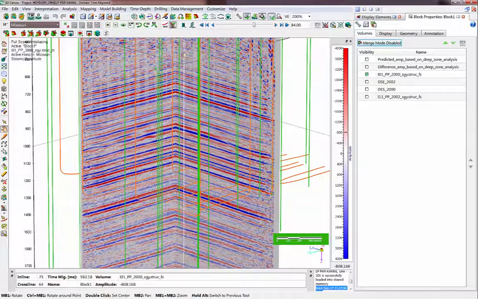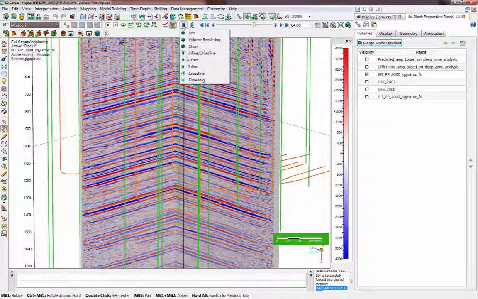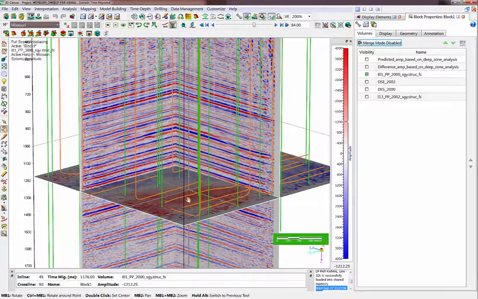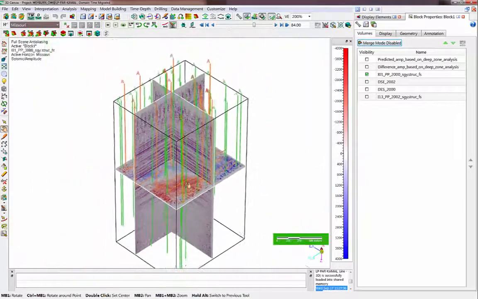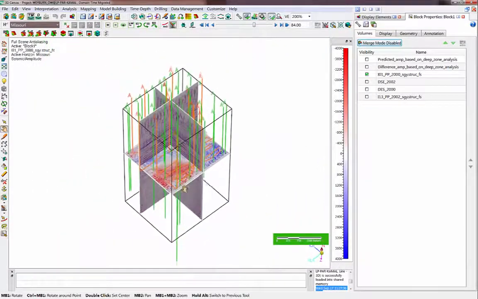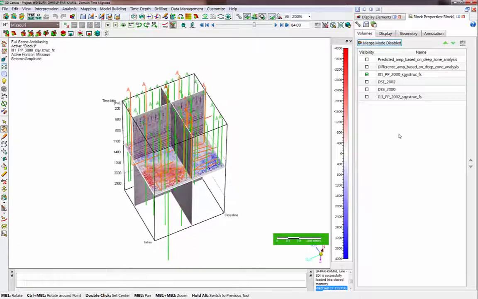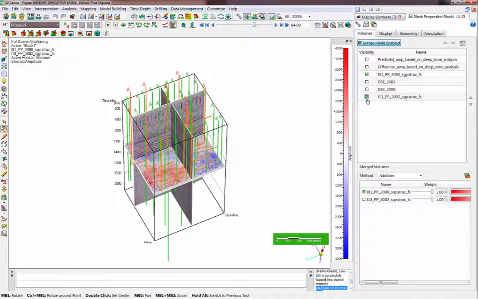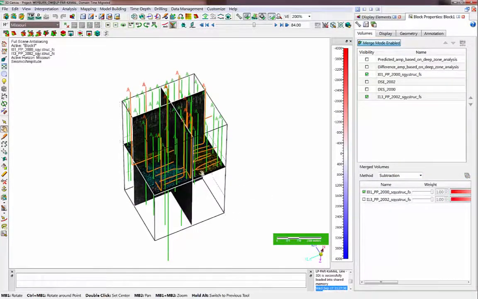We visualize in our 3D viewer our two vintage volumes from 2000 and 2002, and a first QC that can be performed is to visually try to see what are the differences between our two vintage volumes. We are going to merge them and apply an on-the-fly subtraction on our two volumes.